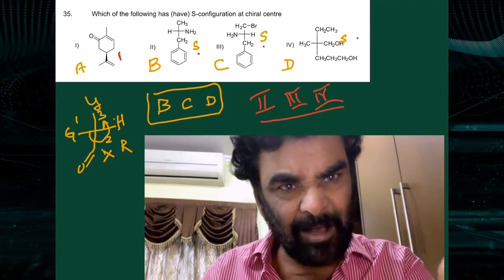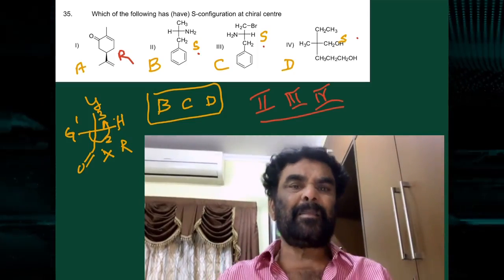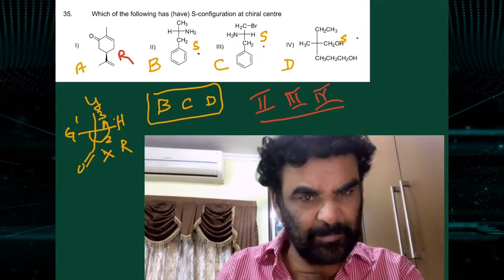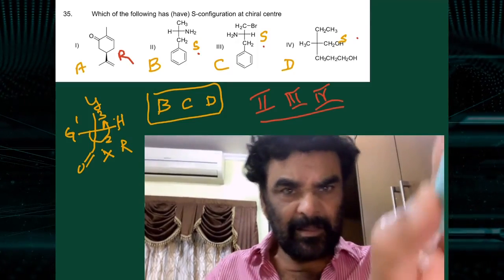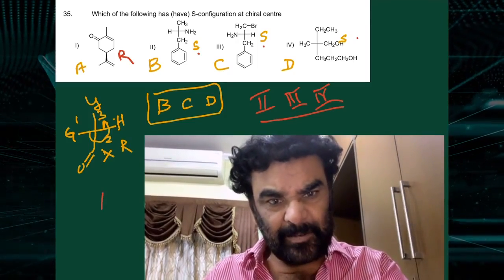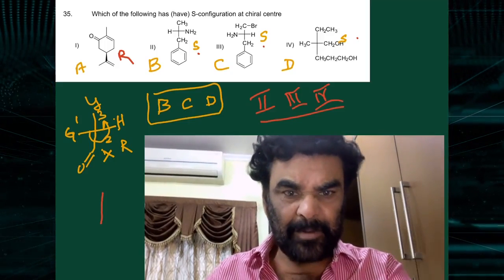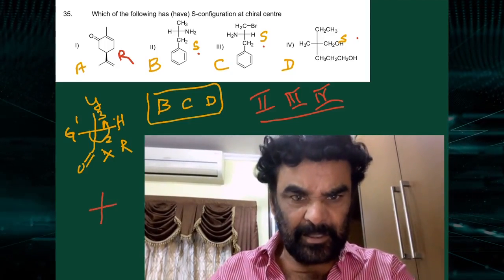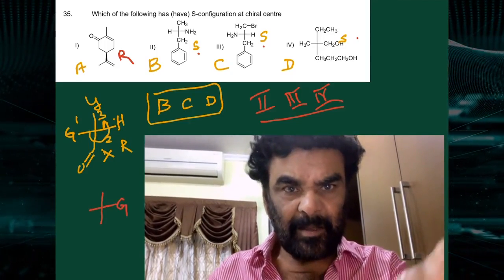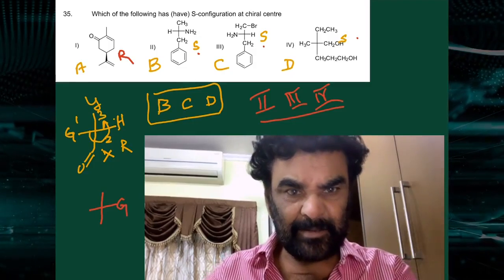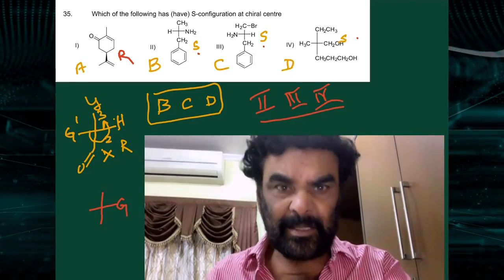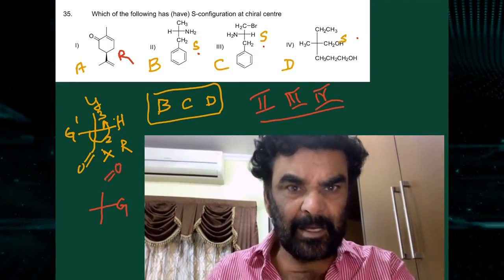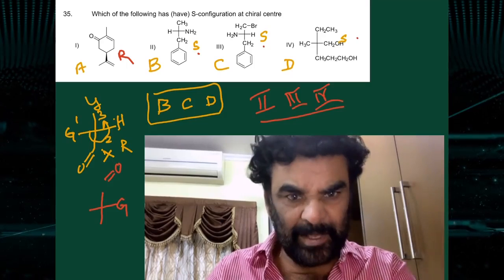This is not, this is R. This is R configuration. You check up. And this is a cyclic system. I will take this as G. If I turn like this, this is the double bond O part, and this is the remaining part.